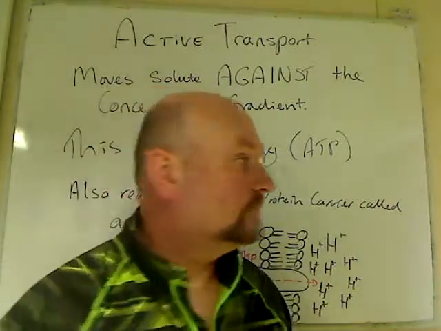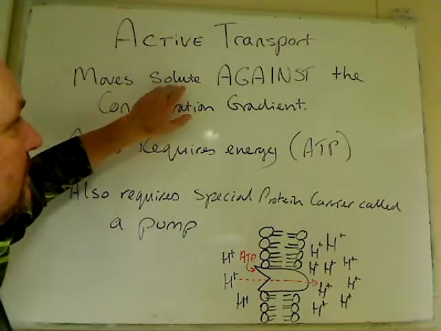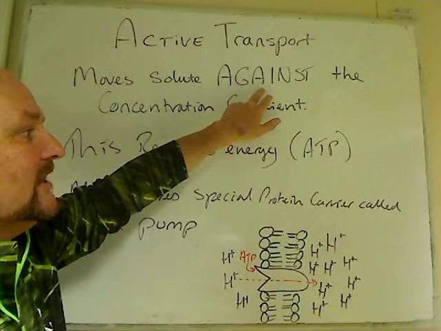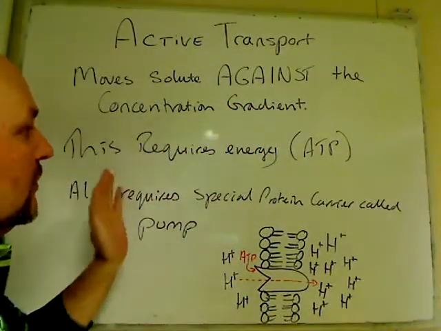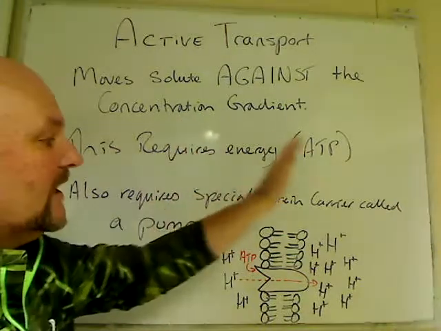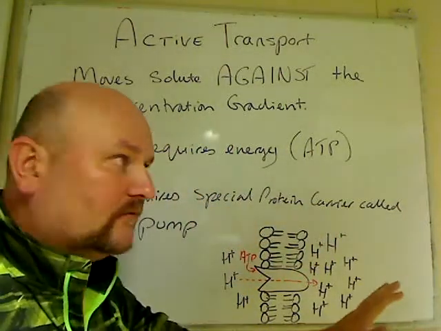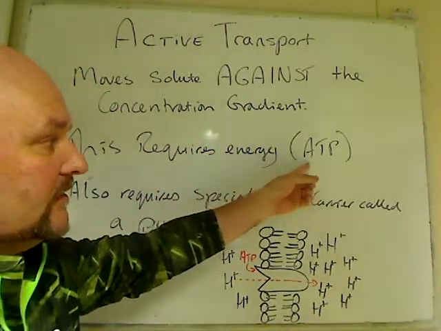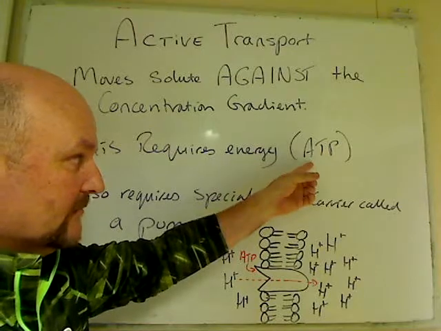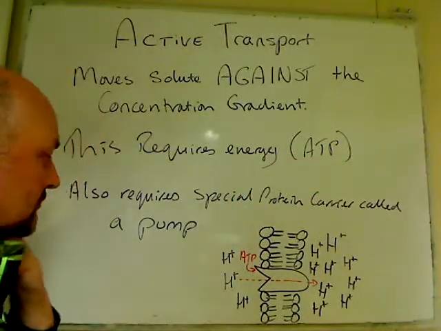and co-transport. So, in active transport, this time the solute's going against the natural concentration gradient. So it's going from low concentration to high concentration. In order to do that, it needs an input of energy, and in the cell an input of energy is ATP, so we need to use ATP to make it happen.